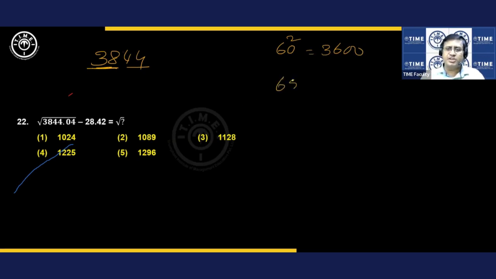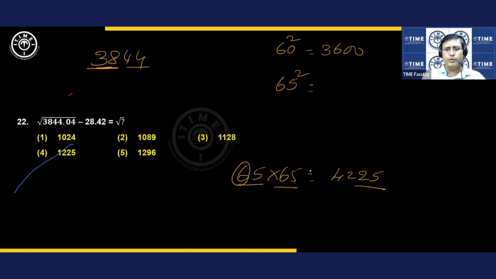So let me check with 65. What is the value of 65 square? 65 into 65. Here the number is the same and ends with 5. When the unit digit is 5, the last 2 places will be 25. Multiply the tens digit with the next consecutive value: 6 into 7 is 42.